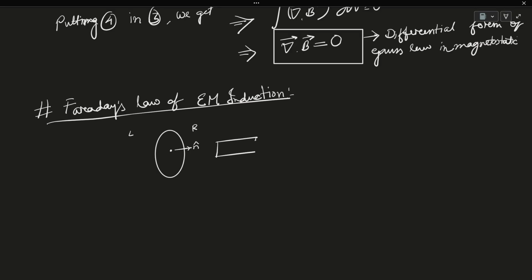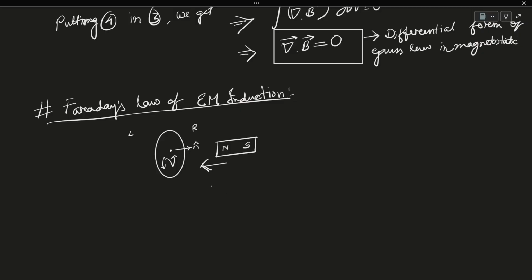If now there is a bar magnet, which is here north and south, and we want to push this bar magnet towards the loop, then what will happen? In the right side of the loop there will be north polarity developed. This north polarity will try to push away the magnet, so we have to do some work while moving this bar magnet towards the loop, right?